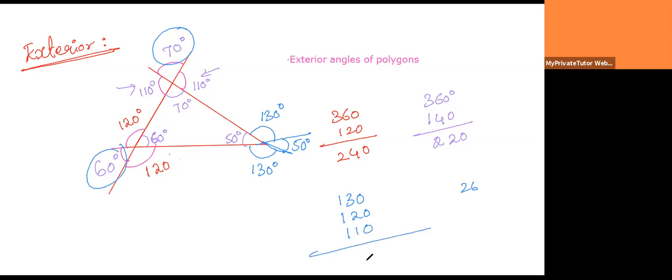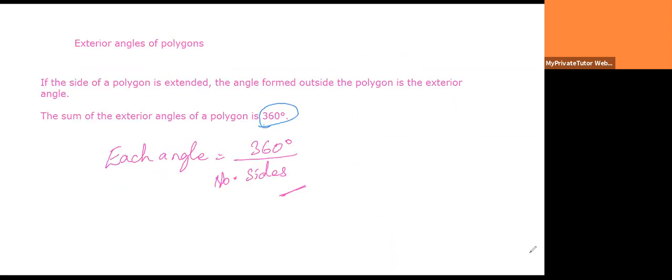So you can see that we'll get 360. That's what it means. So this is the exterior angles of a polygon. For any polygon, the sum of the angles is always 360.